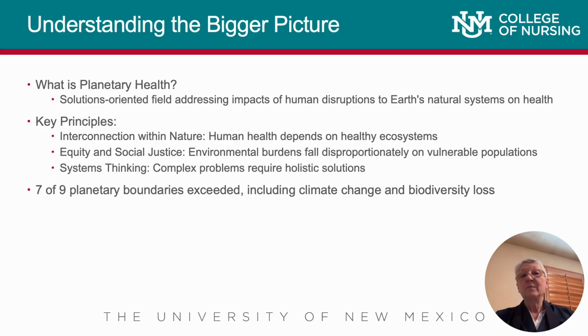And movement building emphasizes that we need collective action for systems change. Here's a sobering fact: 7 of 9 planetary boundaries have been exceeded. These boundaries represent safe operating spaces for humanity. We've crossed the boundaries for climate change, biodiversity loss, biochemical cycles, and others. We are in uncharted territory.